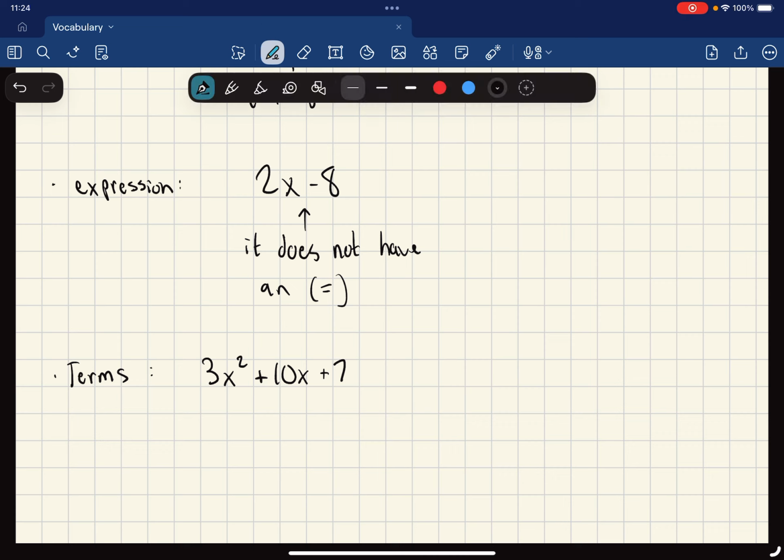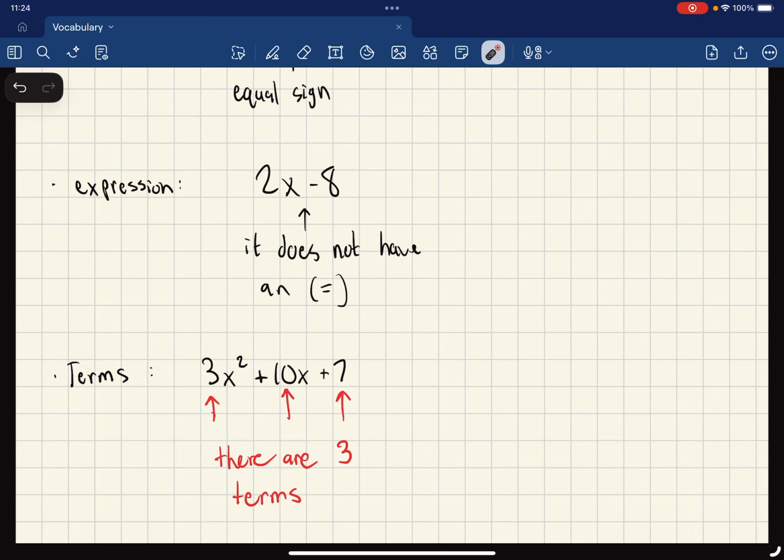There is a term right here, here, and here. So let me write this down. There are 3 terms. Doesn't matter as long as they're separated by a plus, minus, or an equal. Those are terms right there.